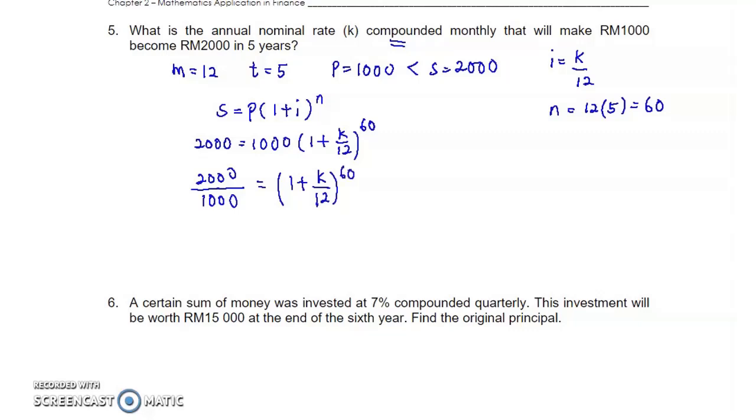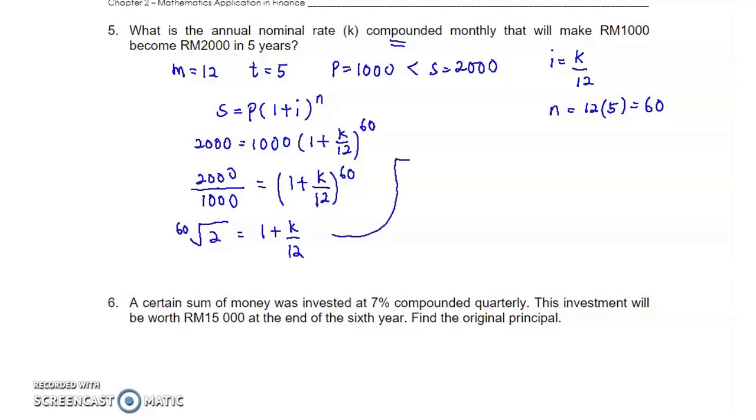2000 over 1000 is 2. Now the power of 60 belongs to the whole bracket, so you bring the power of 60 to the left hand side, where it becomes the 60th root. So on the right hand side you have 1 plus K over 12.